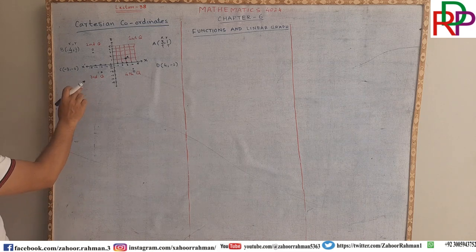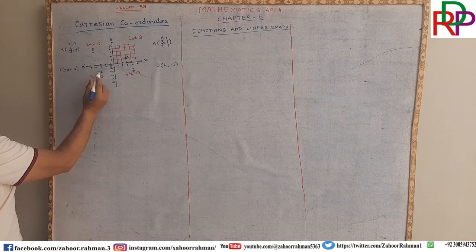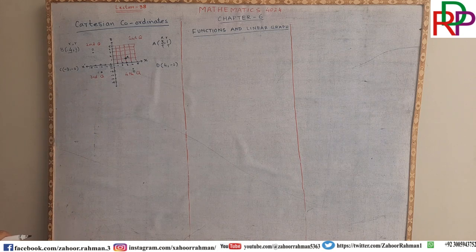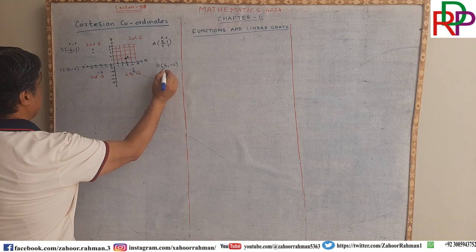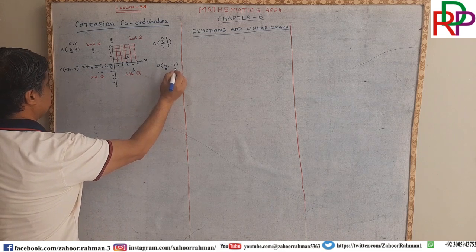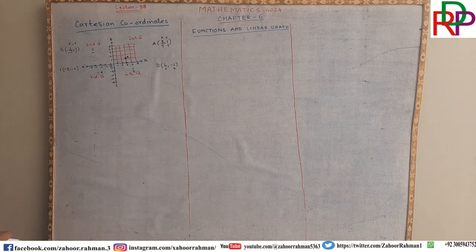If both the values are negative, then the point will lie in the third quadrant. Similarly, if the first one is positive and the second one is negative, then the point will lie in the fourth quadrant. You have to keep these things in mind while dealing with the graphs, Cartesian coordinates.